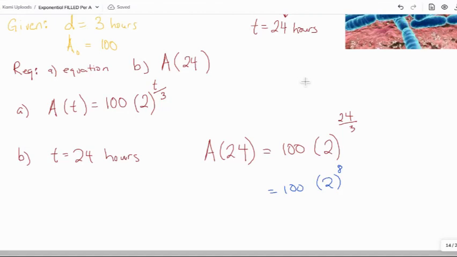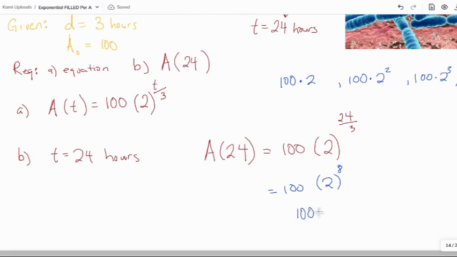Okay, watch this. If I have 100 times 2 versus 100 times 2 to the 2 versus 100 times 2 to the 3, etc., what does the 8 tell me? Yeah, Catherine? How many times it's doubling? Yes. It's telling me how many times it's doubling. It's like this.